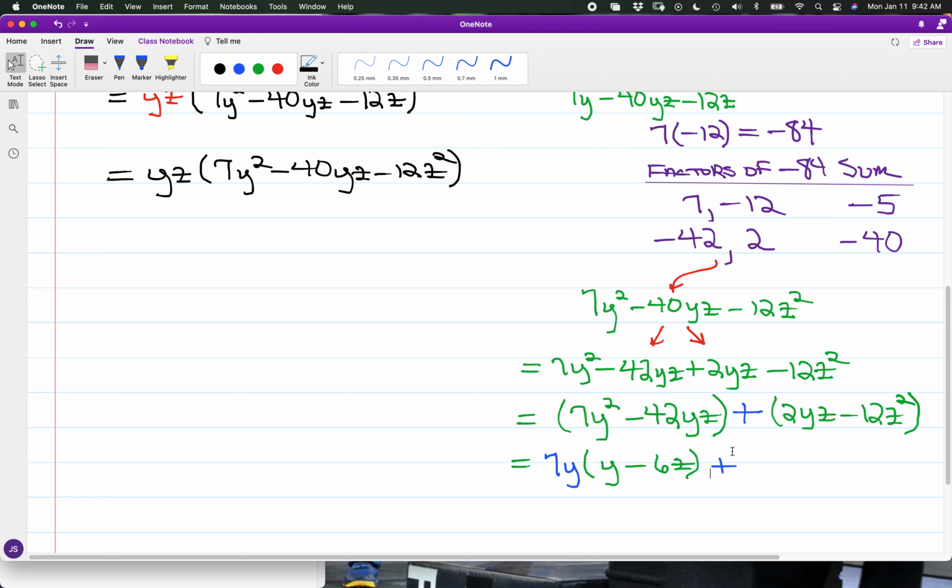Now the greatest common factor of the second pair is going to be 2 times z. Taking the last two terms, we also have y minus 6z.